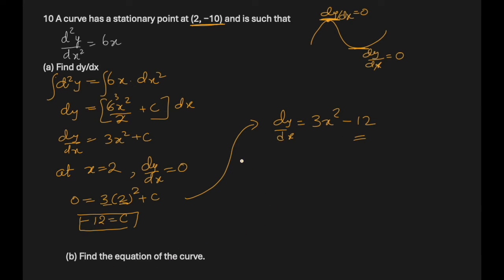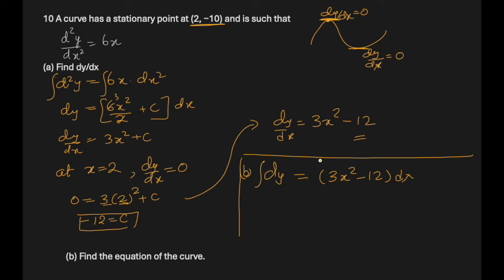Find the equation of the curve. Now we have to find the equation of the curve, and for that again we'll have to rearrange. So dy equal to 3x square minus 12, and dx comes back. Okay, and we can integrate both of them again.